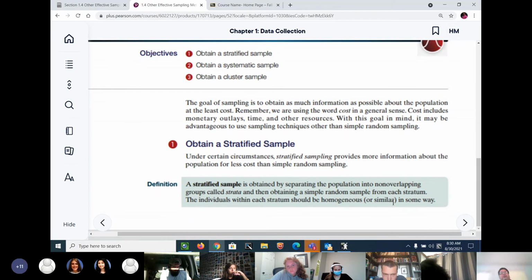Versus if I was to do a cluster sample, which is about the opposite of stratified, a cluster sample would be going to a voting precinct and asking people, after they voted, who did you vote for and why, or whatever. They're not all the same, because you got anywhere from 18 to 100 years old.